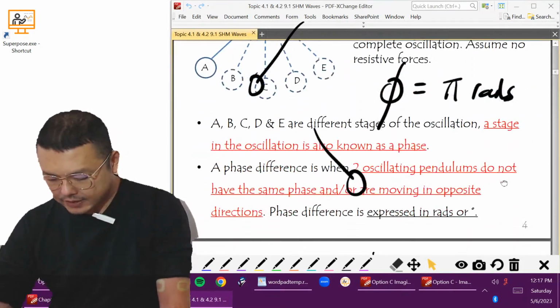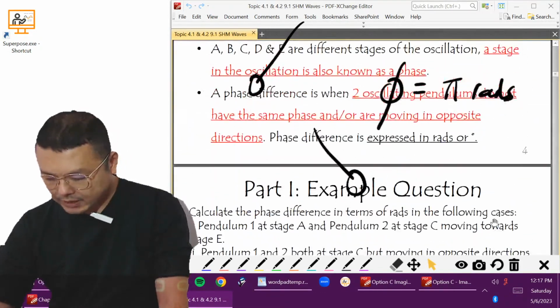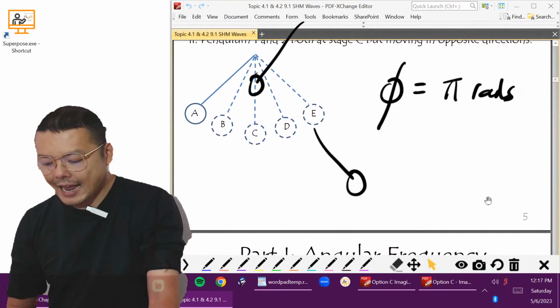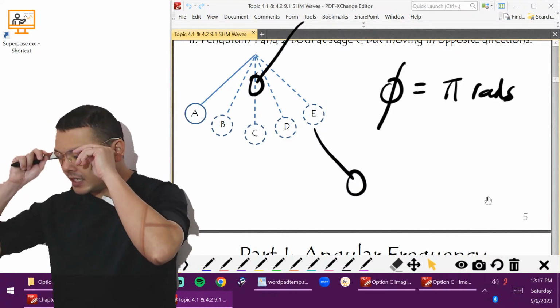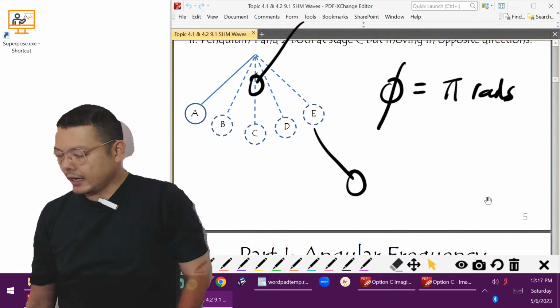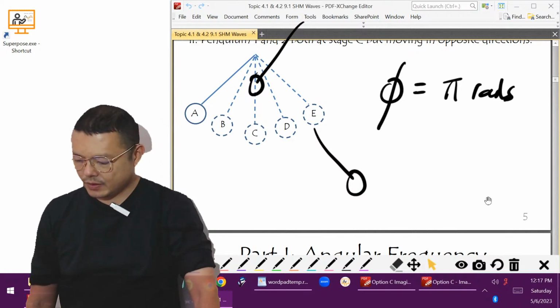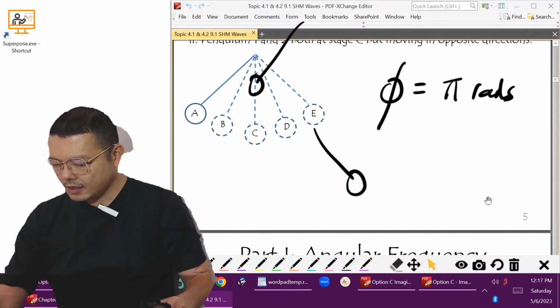So it's expressed as pi radians. We just showed that between A and E, comparing the positions of A and E, the phase difference is phi equals pi radians. Okay with this?